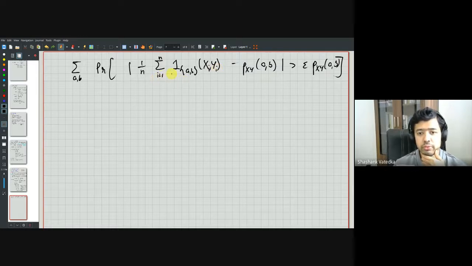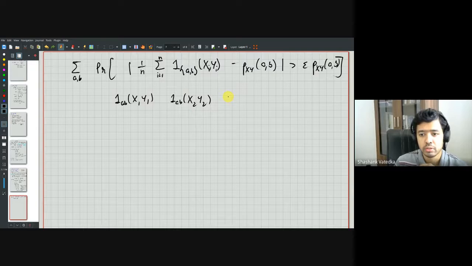As i goes from 1 through n, these random variables are the indicator 1_{a,b}(X_1, Y_1), 1_{a,b}(X_2, Y_2), 1_{a,b}(X_3, Y_3), and so on.